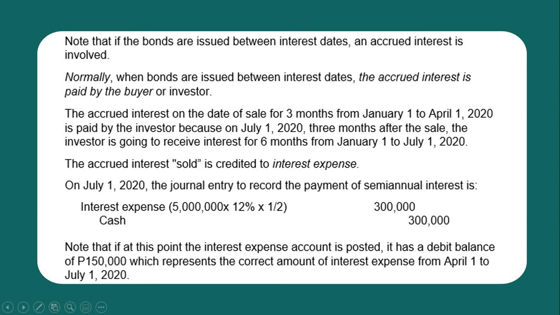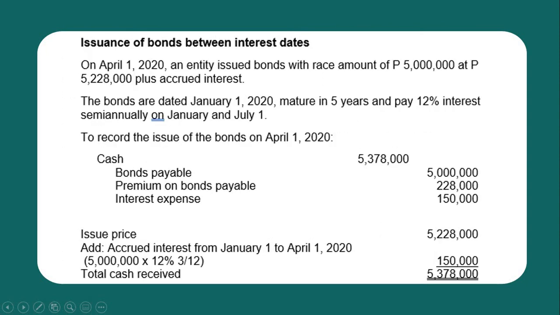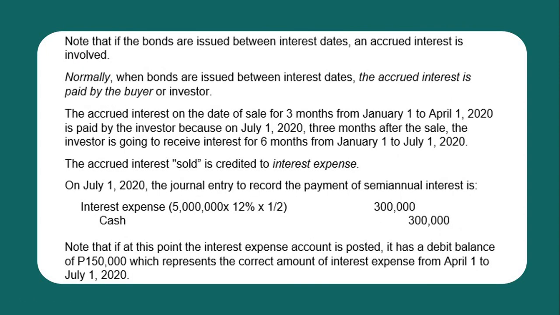So, pag-abot sa July 1, which is the first interest payment, again, as I've mentioned earlier, the full 6 months interest ang ibayad ni issuing entity dito kang investor with a total amount of 300,000. But again, ang na-receive lang ni investor is net of 150,000.